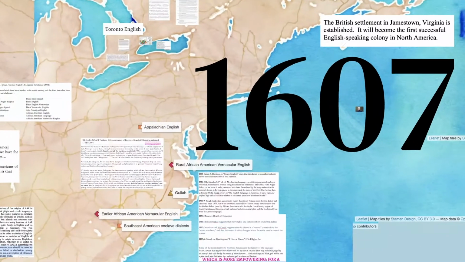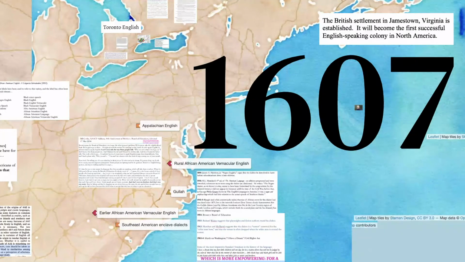But it also begins the creation of North American Englishes in the first place, including, importantly, the varieties of AAE or AAVE that we talked about at such length, here represented on E-Wave as Rural African American Vernacular English, earlier African American Vernacular English, and elsewhere Urban African American Vernacular English.